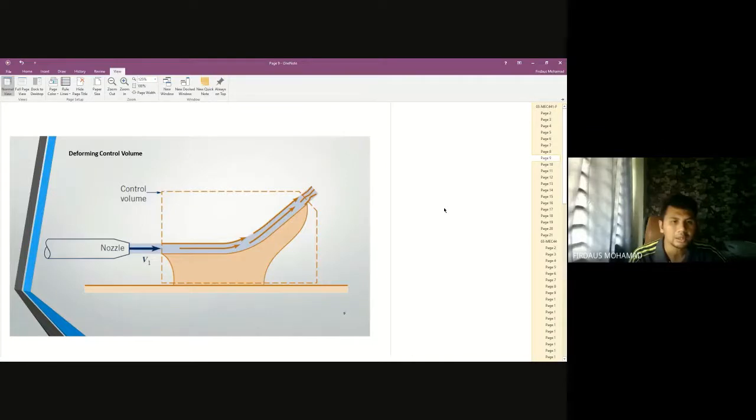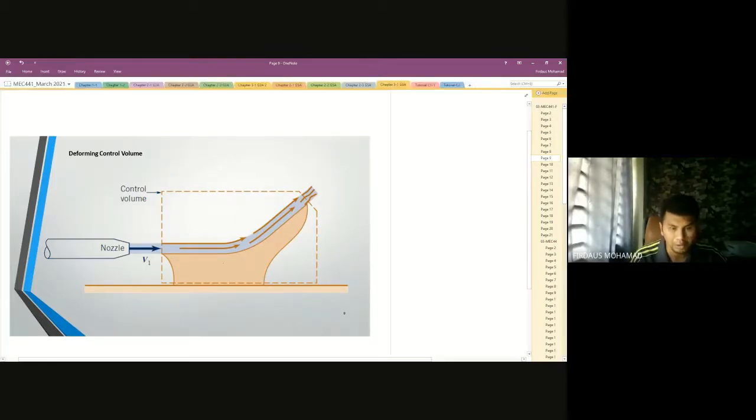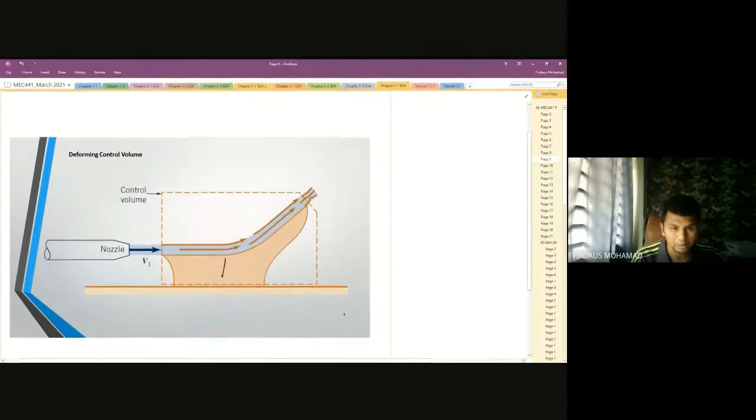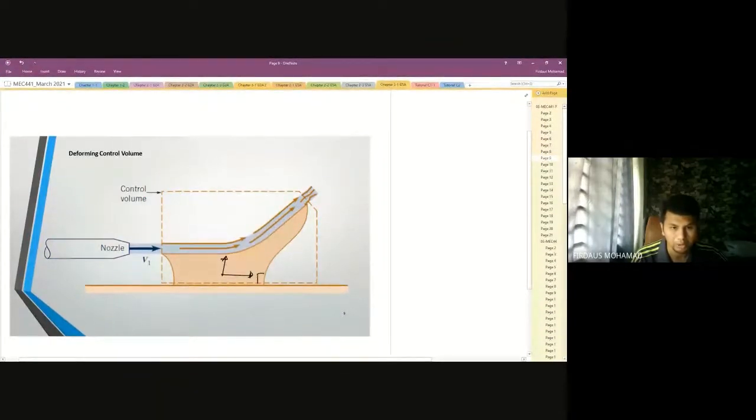Maknanya kat sini if this is type of control volume, we can analyze what is the, for example, what is the required force. Okay, what is the required force Frx and then Fry in order to hold this apa nama ni, stopper. Okay, so barulah kita tahu berapa dia punya force yang kita kena apply in order to hold this stopper.